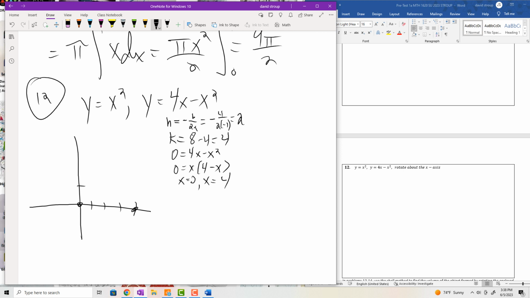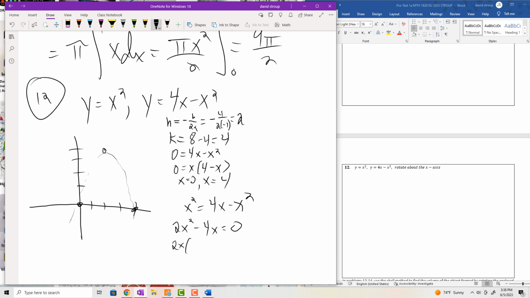At 2, I got 1, 2, 3, 4. So our first parabola looks like this. And then y equals x squared. Let's figure out where that intersects with the other parabola by setting them equal. Let's add the x squared to the other side, subtract the 4x, set it equal to 0.